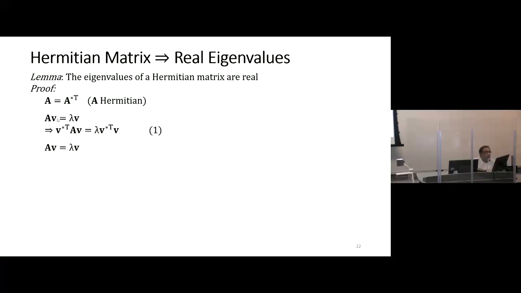Again, we start with the definition AV equals lambda V. Let's take the conjugate transpose on both sides. So (AV) conjugate transpose equals (lambda V) conjugate transpose, and we open up the parentheses. Therefore, we have to swap the order of appearance. So V conjugate transpose A conjugate transpose equals lambda conjugate, the transpose being meaningless because it's a scalar, times V conjugate transpose.